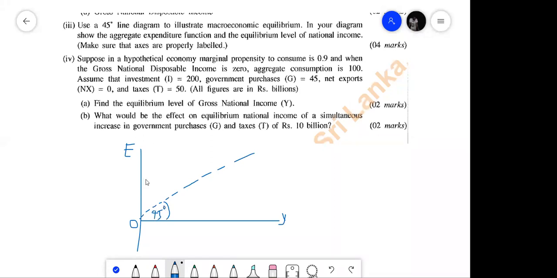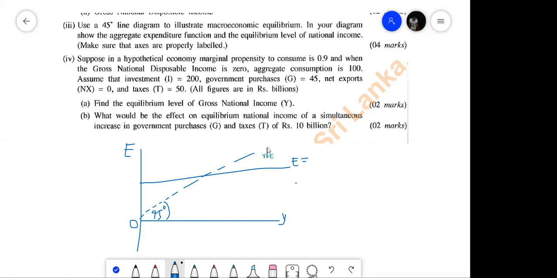And then have your expenditure function E, right? So you can say E is equal to C plus I plus G plus X minus M. This is your Y equals E line, right?